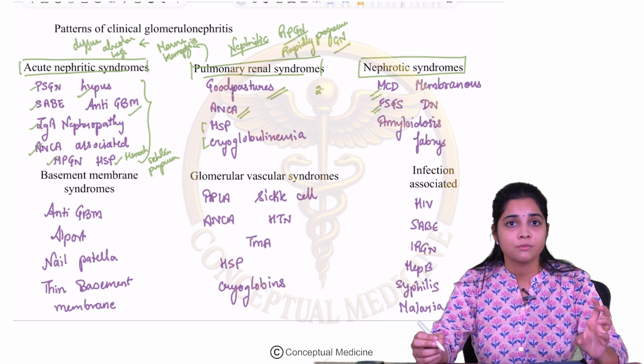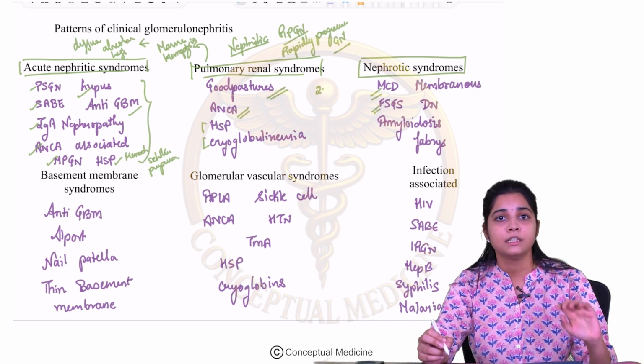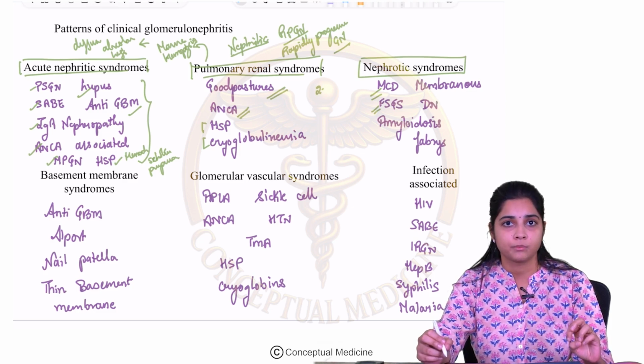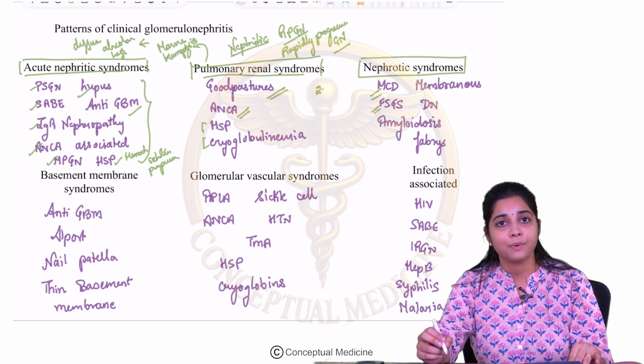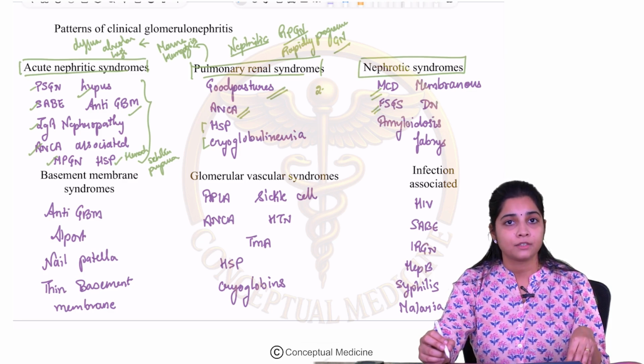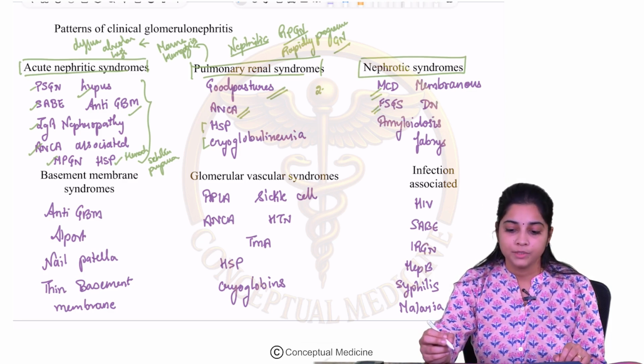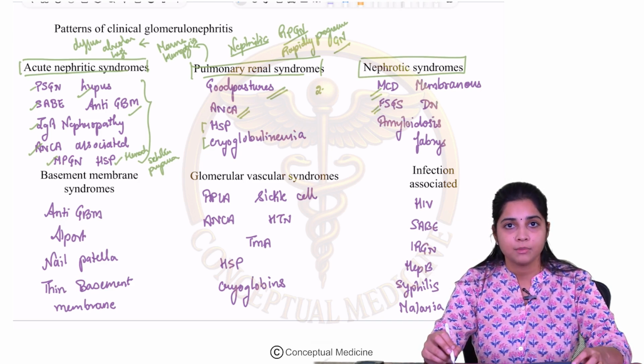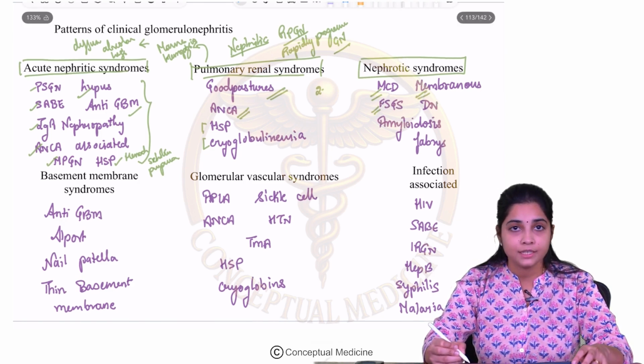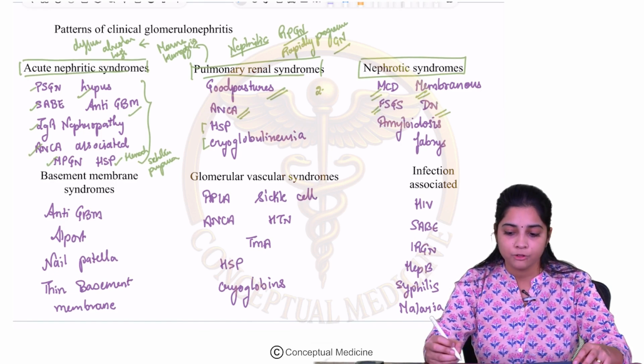These are all changes which you obtain on a renal biopsy and electron microscopic examination. So these are the patterns of electron microscopic findings which you can find in these nephrotic syndromes: minimal change disease, focal segmental glomerulosclerosis, membranous nephropathy, diabetic nephropathy, amyloidosis, Fabry's disease.